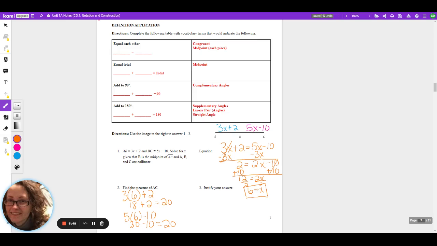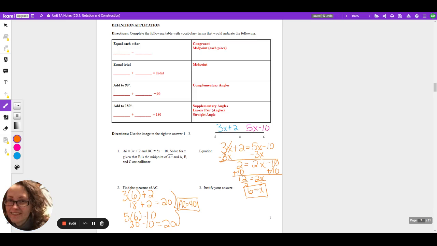And this makes sense because we wanted the midpoint to cut the segment into half, or 2 equal pieces. If both the smaller pieces are 20, that will make the total of AC equal to 40.